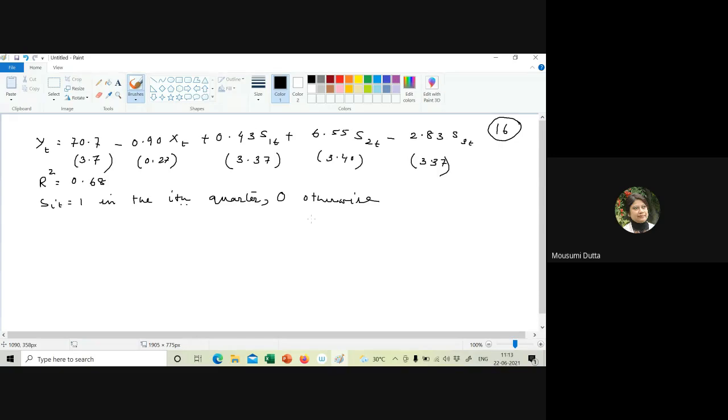If not, why not? Looking at the t values, can we tell that the coefficients are significant? Yes, ma'am. Significant.